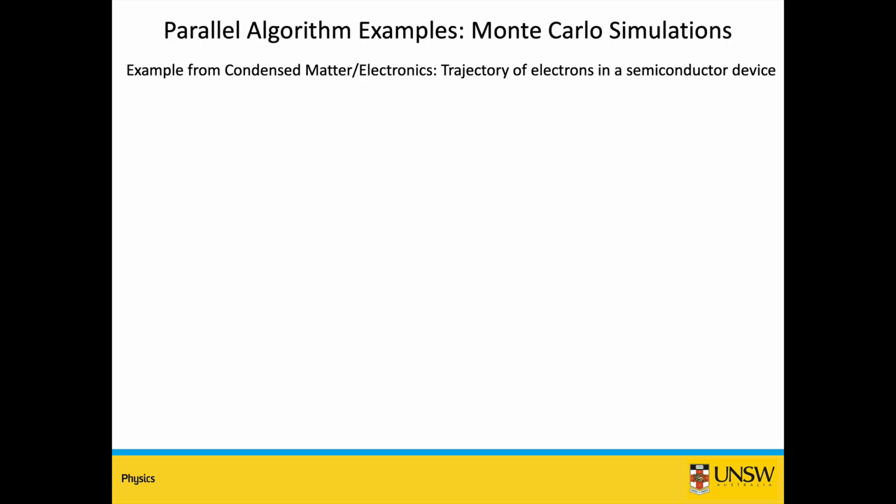Then another example is the Monte Carlo simulation. And this is very important in condensed matter physics or in solid state electronics. This is needed to simulate many of the electronic devices that exist today. And what it does is simulate the trajectory of electrons in a semiconductor device.